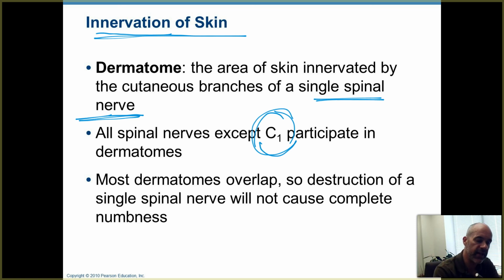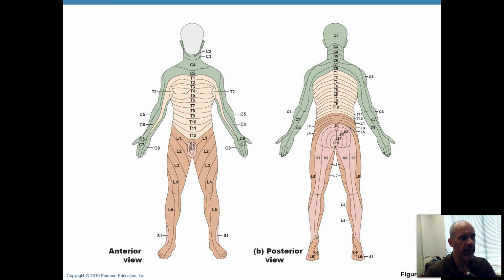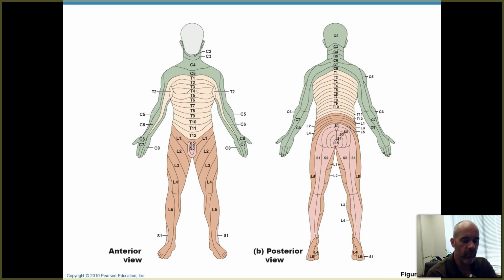Dermatomes are areas of the skin that are innervated by particular single spinal nerves. Now you do have some overlaps between these, but this information can be used to generate a map, and that's what you're seeing here.